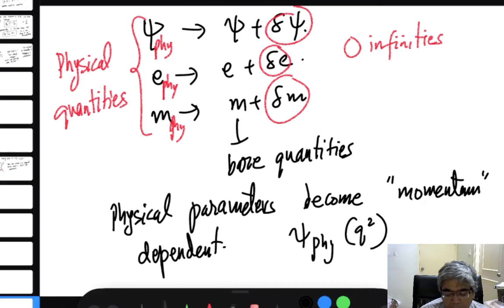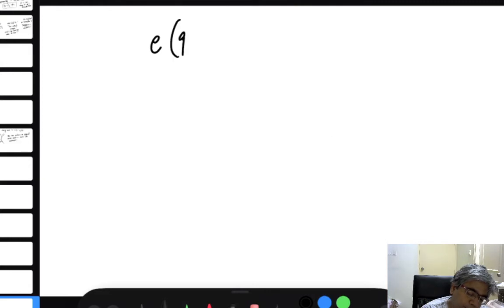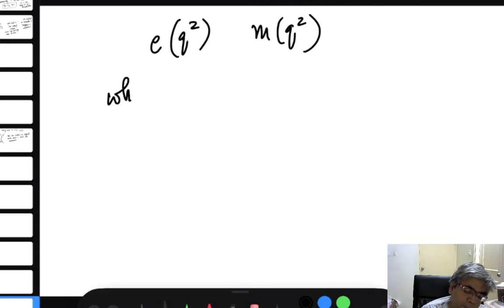The electron's physical electric charge also becomes q square dependent, and mass becomes q square dependent, where q square is the energy of the experiment.